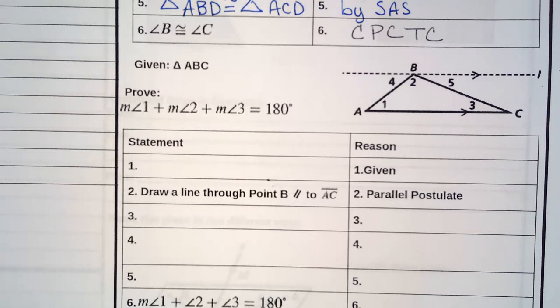So we want to prove that the measure of angle 1 plus the measure of angle 2 plus the measure of angle 3 is equal to 180 degrees. Okay. So if we're looking at this, what are we given?